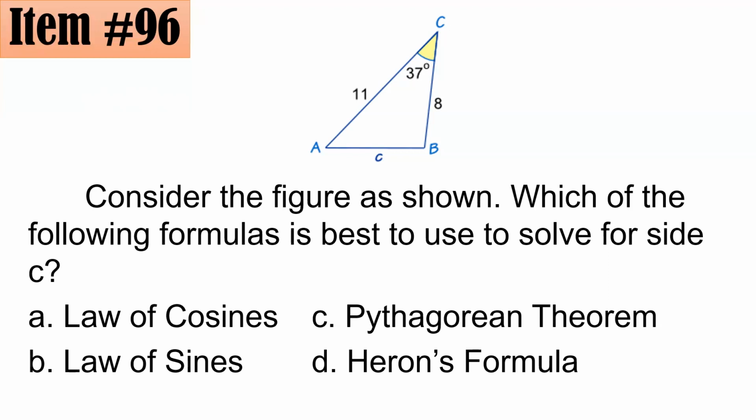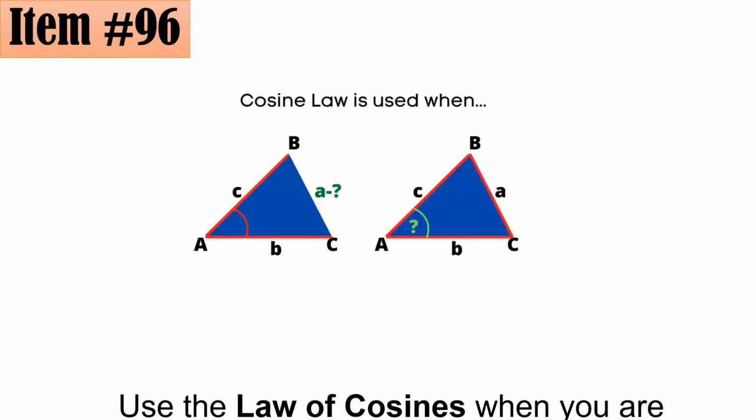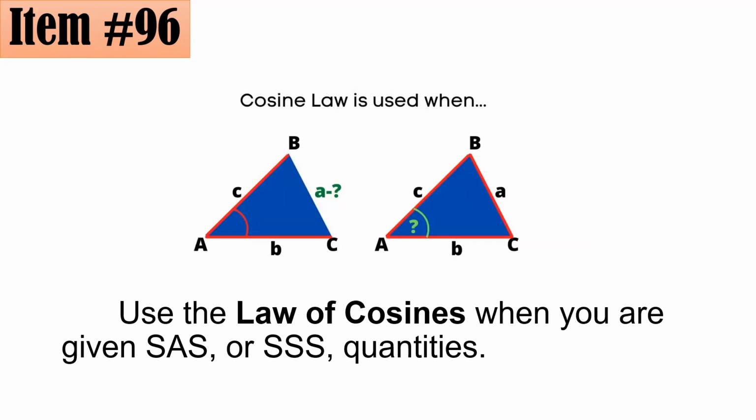Tandaan po natin ha, meron lang pong dalawang time. There are only 2 times that you should use law of cosines. That is, if you have what we call SAS, side angle side, that is, according to Sir Chad, 2 sides and an included angle, that's SAS. Or SSS.